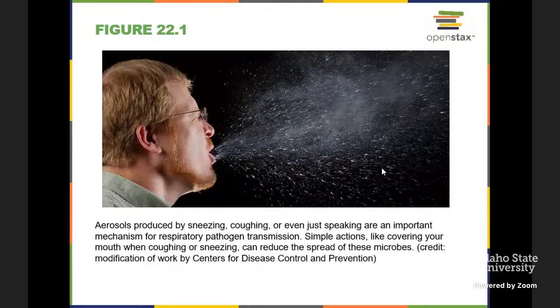Oh man. So lots of potentials for contracting any of these respiratory infections are droplet sorts of transmission, coughing or sneezing, spewing out all sorts of potential organisms. And if you have a cold, whatever it may be, this is a very good mechanism that is employed to ensure transmission.